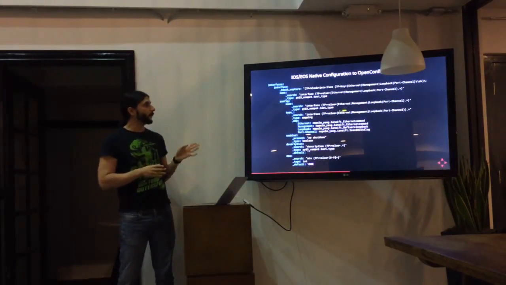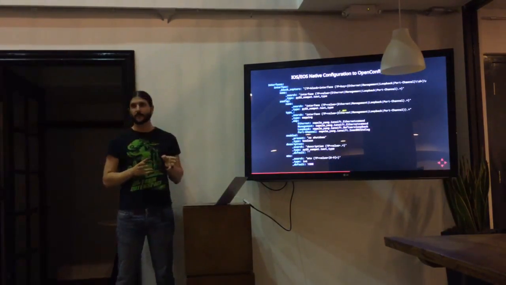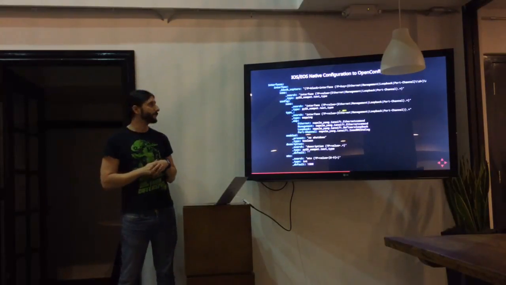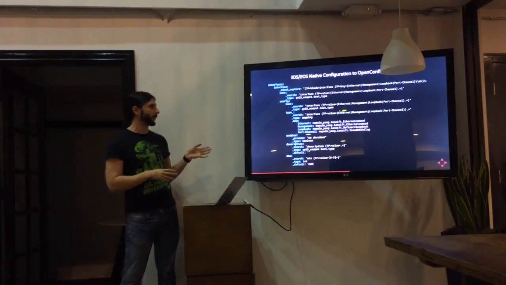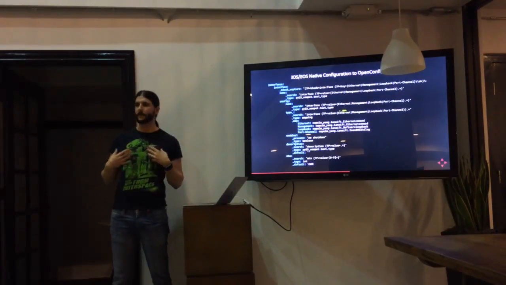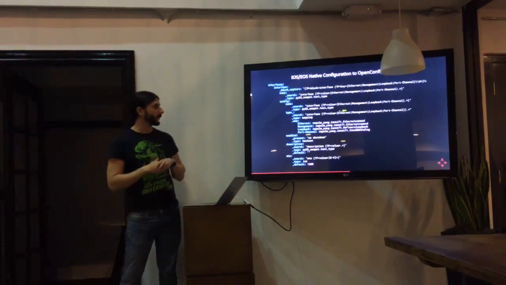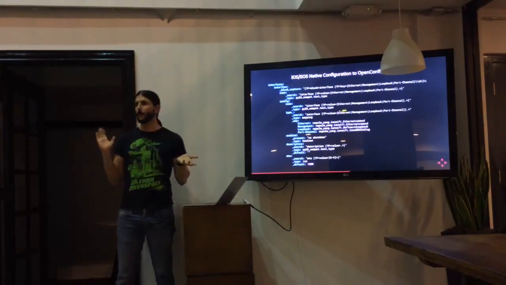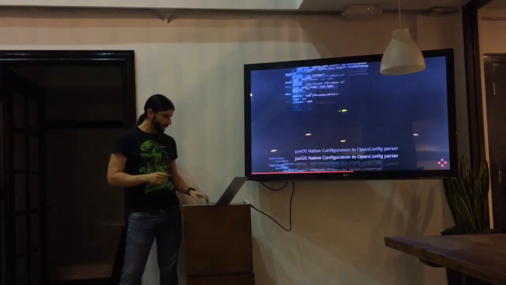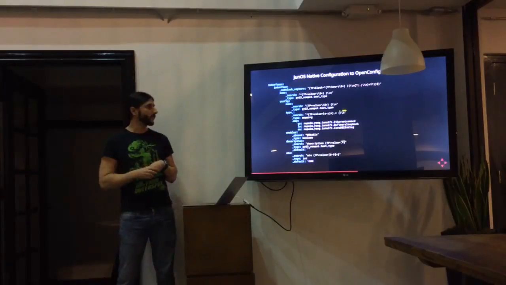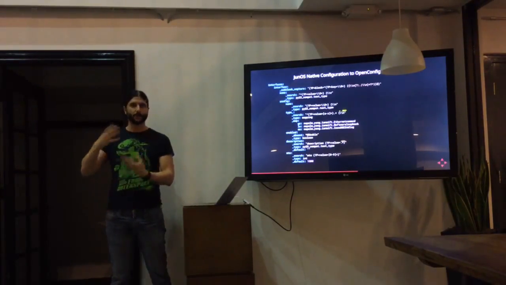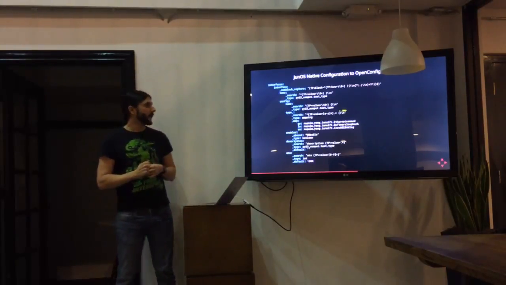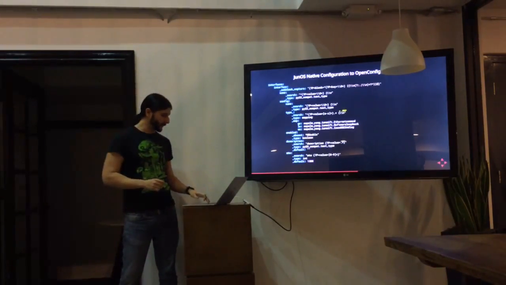This is an example of how to parse native configuration and turn it into OpenConfig. This is just a YAML file describing how to extract data from a device. In this case, it's IOS and EOS, and build an OpenConfig object. This is the same for Junos. By just having this YAML file, NAPALM is able to retrieve data from the device and build an OpenConfig object.